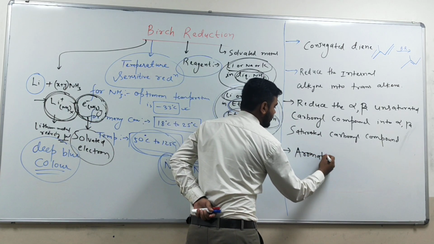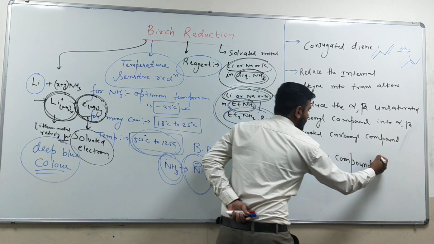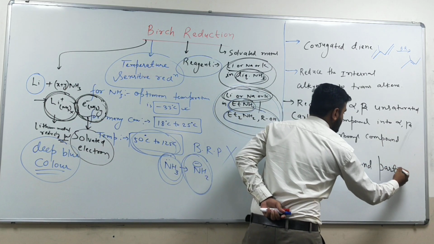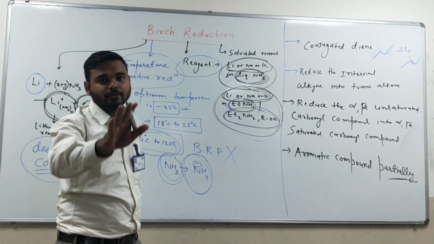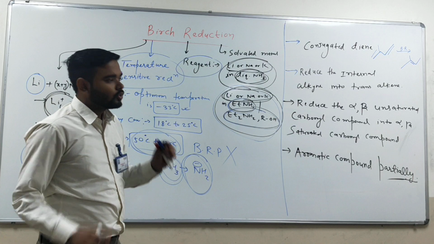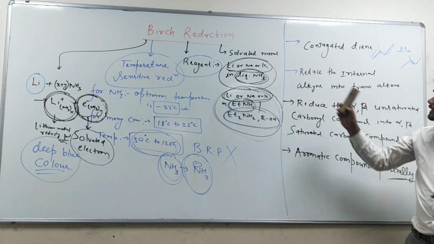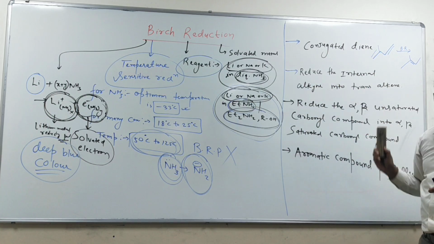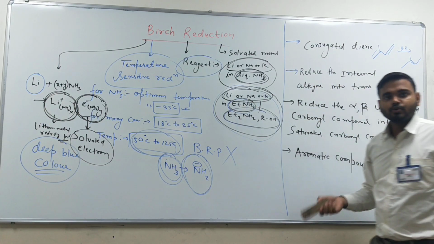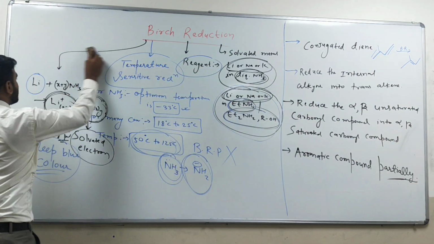So let us see the mechanism one by one. First of all, this is very important: reducing the internal alkyne into a trans alkene. We will see the mechanism, and the question as well after that. So first of all, I hope everyone noted this. I will erase this part.